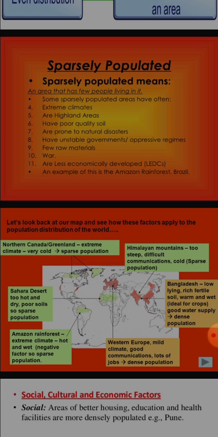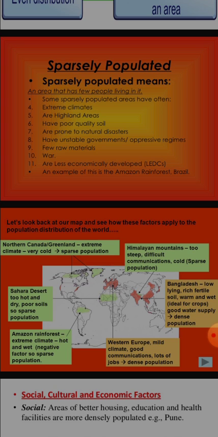Coming to the right side, Bangladesh: low-lying, rich fertile soil, warm and wet, ideal for crops, good water supply, dense population. So this is a factor for which Bangladesh or the eastern side of our country has more population.